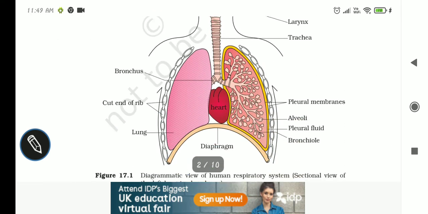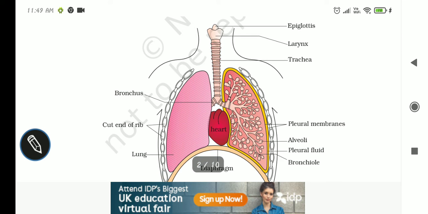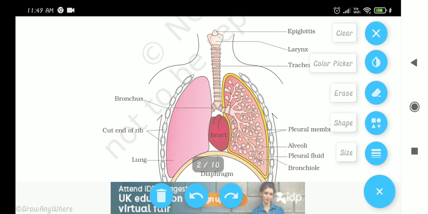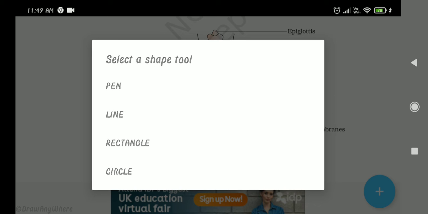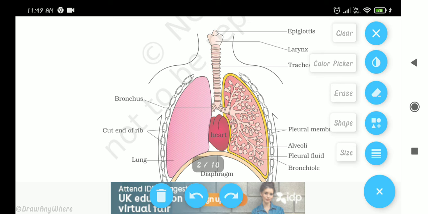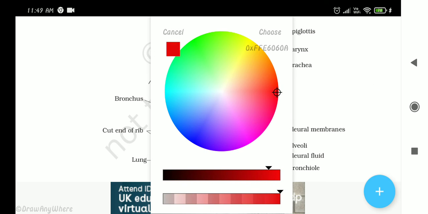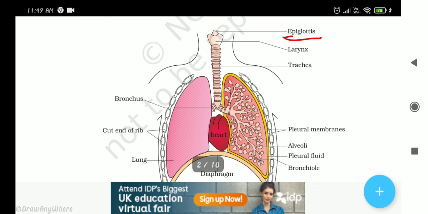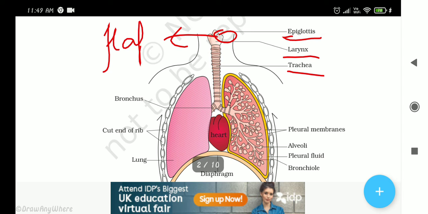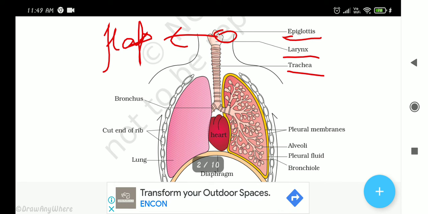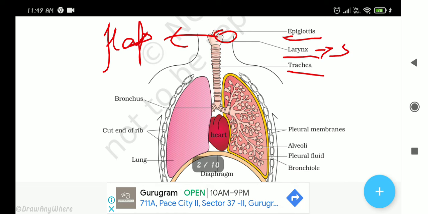Okay, this is the diagram, and it is a very important diagram, you have to learn it. This is the epiglottis, this is the larynx, this is the trachea. The epiglottis is the flap which prevents food from entering the larynx. The larynx is the sound box.